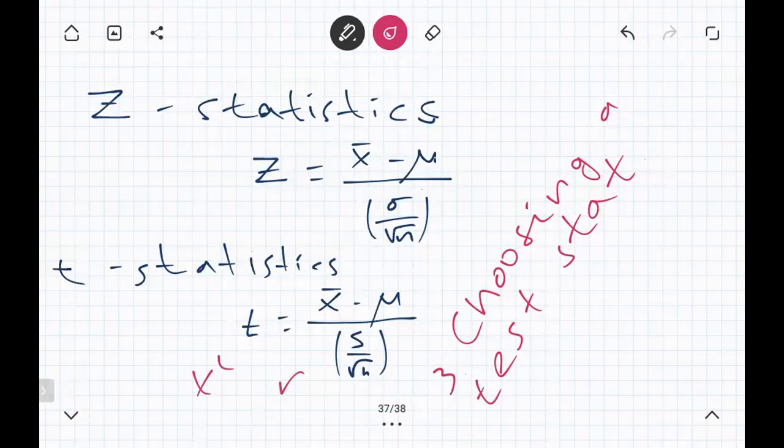But if you are testing for the population mean, then you will choose between Z and T. Later, when we learn about correlations, we will look at another type of test statistics, R statistics. But for now, it's choosing between Z and T. And we know the population standard deviation, that's why we choose Z in this case. If we did not know it, we would choose T.